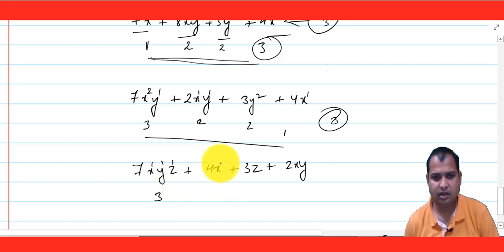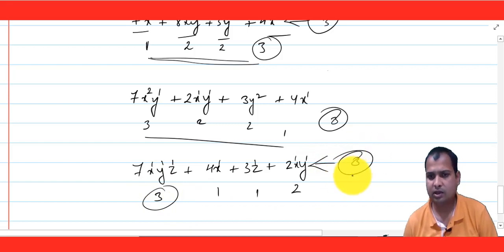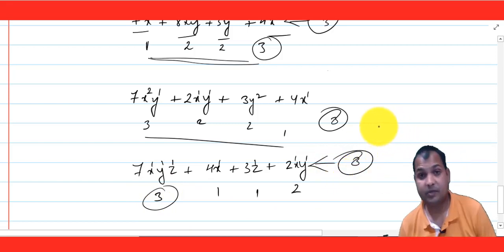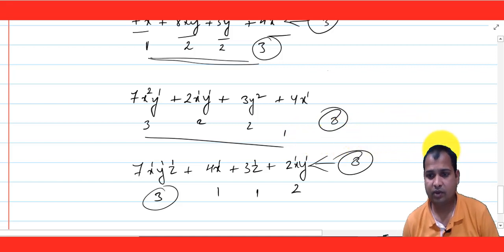Here the sum of the power is simply 1. Here the sum of the power is simply 1. Here the sum of the power is 2. So the degree of this polynomial will be the highest one, so the degree of this polynomial is 3. This is how we need to find the degree of a polynomial in 2 or more variables.